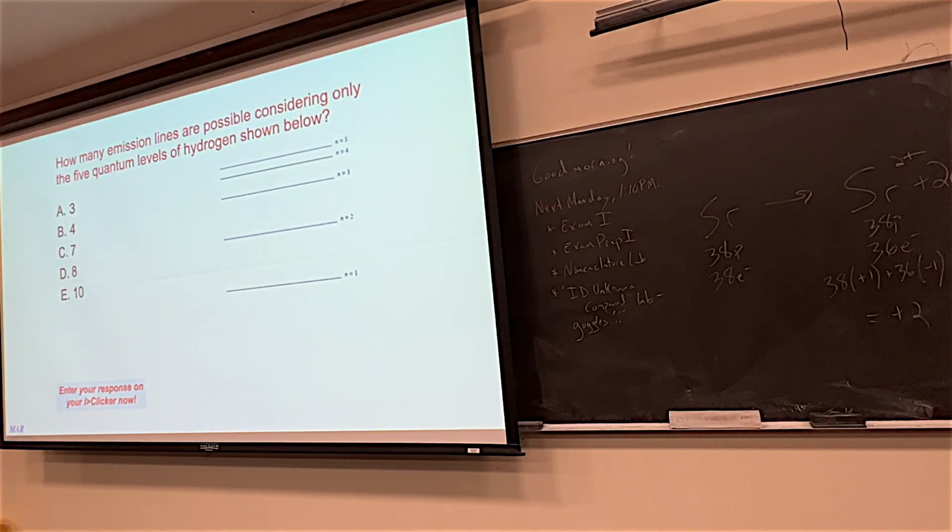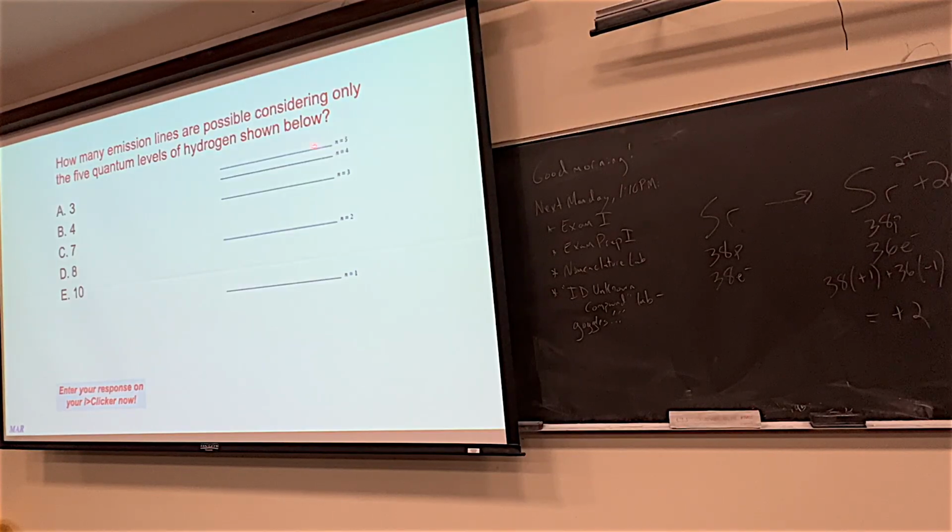In this picture, we are looking at emission lines. And emission lines are exothermic, they give off energy. So this is the Bohr model of the atom. And in the Bohr model of the atom, electrons start at a lower n and go up to a higher n. That's absorbance. We're actually looking at the opposite.